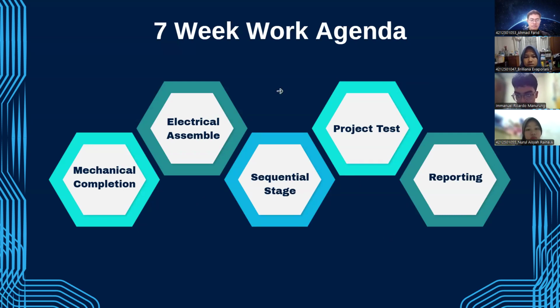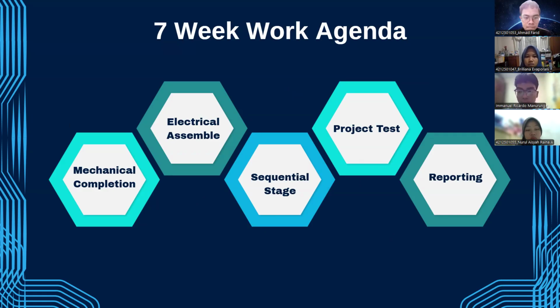Following that explanation about the benefits, I'll now talk about our work plan for the next stage. First, we'll start by completing the mechanical work, which includes finishing the remaining parts such as the aluminum shafts and completing the overall assembly. Once the mechanical part is done, we'll proceed with the electrical work, where we'll assemble all the electrical components onto the miniature CNC.